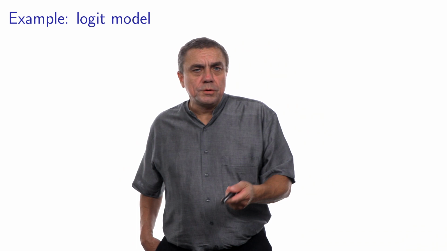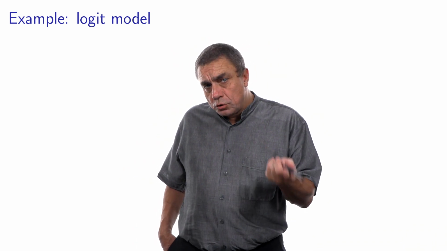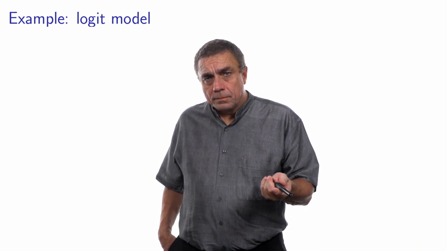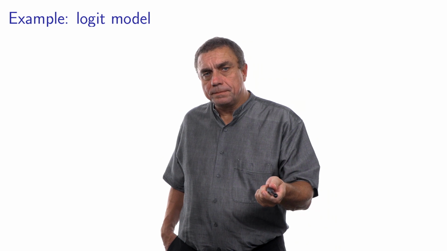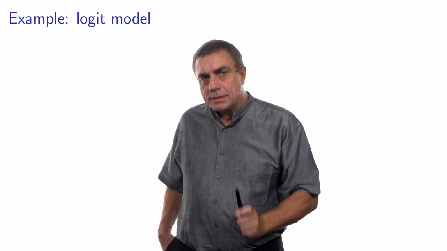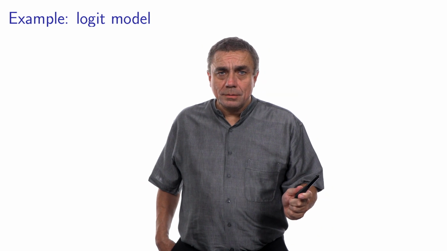So this example illustrates very well the procedure that I was suggesting previously. If you are using a logit model and you have a choice-based sampling strategy, you first estimate the model, and what you get is a correct value for all the parameters except the constants.